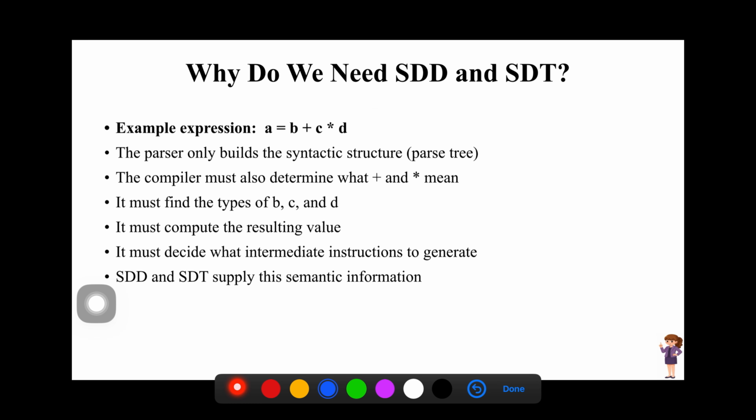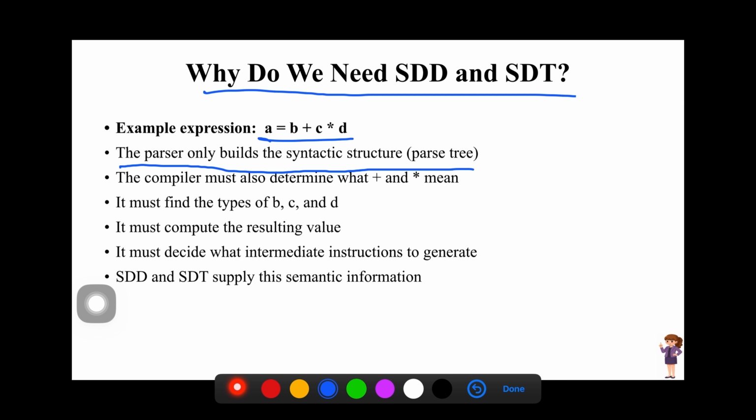Why do we need SDD and SDT? For example, A equals B plus C into D. The parser can determine that this is a valid assignment statement and can build a structure for it. But the compiler still has several things to determine.